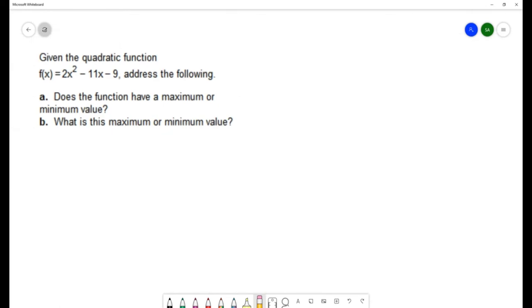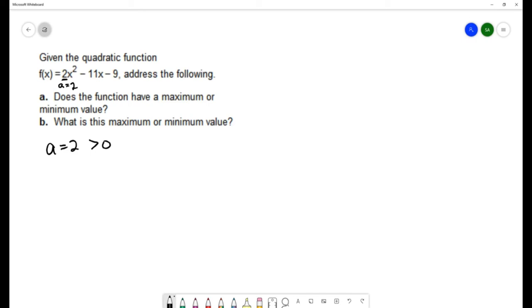Because we are dealing with a quadratic function, we can tell whether we have a maximum or minimum value by the orientation of our parabola. So looking at this quadratic function, the value of a is always attached to the squared term. So our a is equal to 2, and that is a positive value greater than 0.